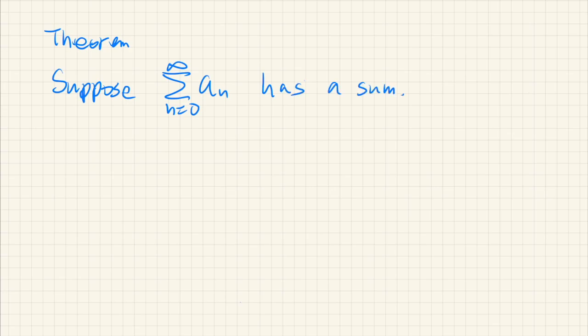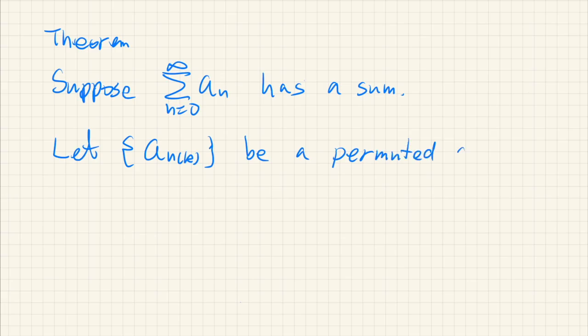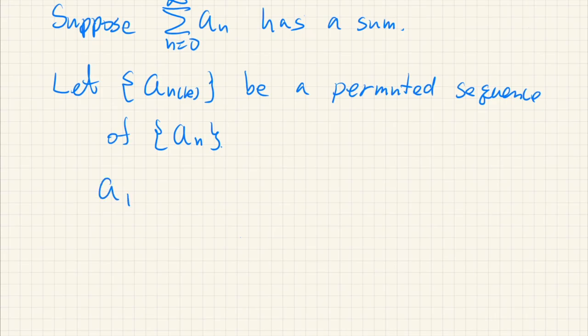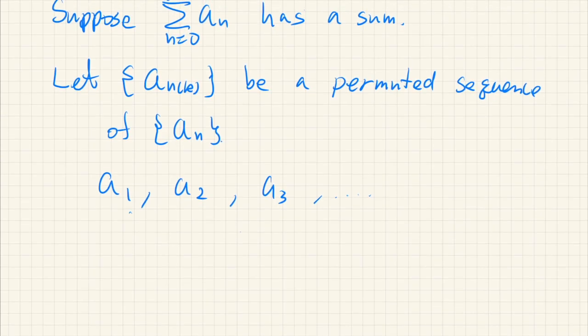That means this converges. And let a_{n(k)} be a permuted sequence of a_n. So what this means is this. We have a sequence a_1, a_2, a_3, and so on. So we shuffle, we permute the order of this sequence.